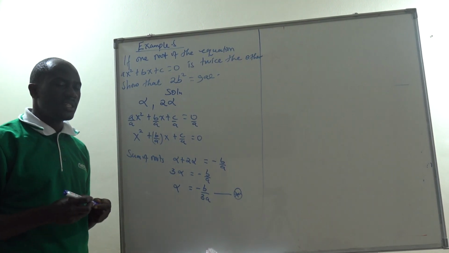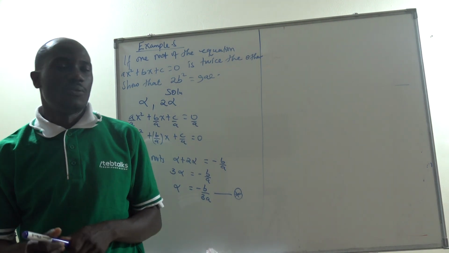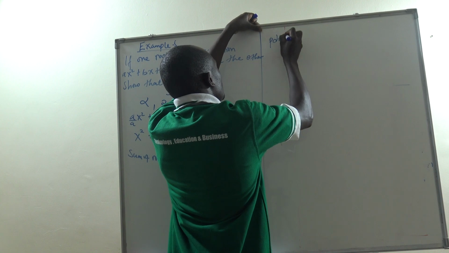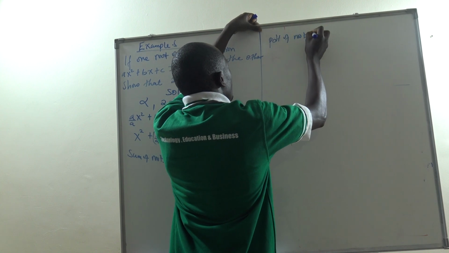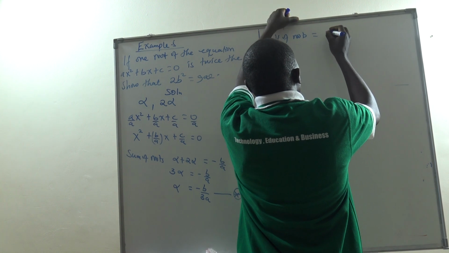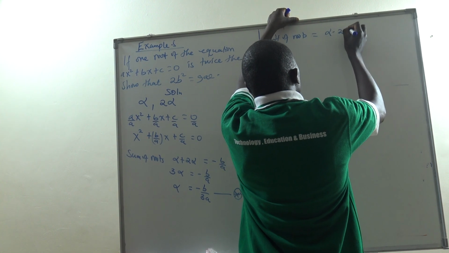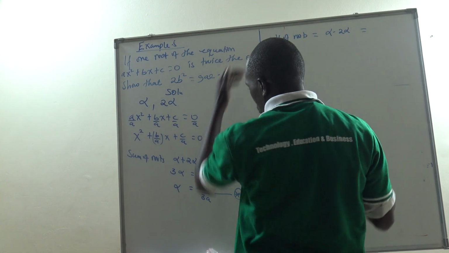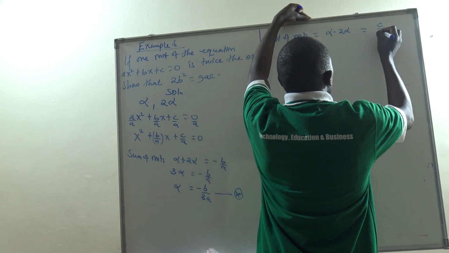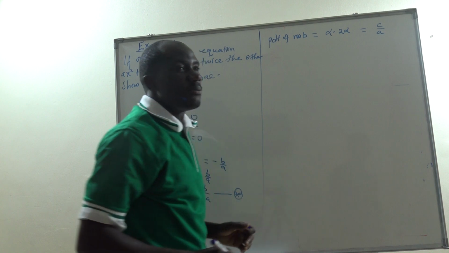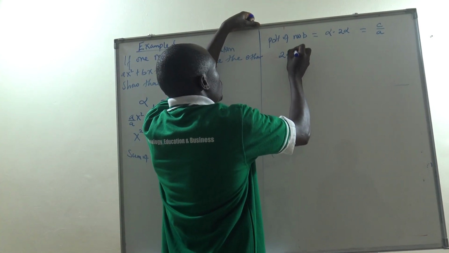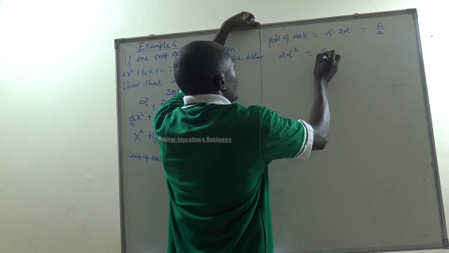We'll also look at the product of the roots. Product of roots, we are going to multiply: alpha times 2 alpha, which is equal to, what is the product here? It is going to be c over a. Alpha times 2 alpha, automatically we get 2 alpha squared, which is equal to c over a.